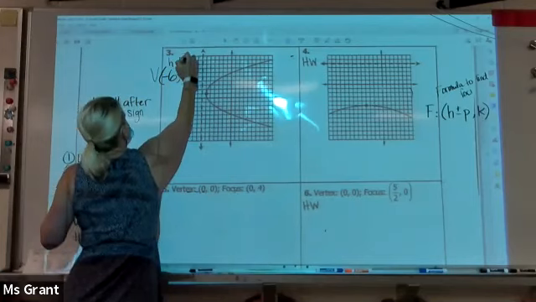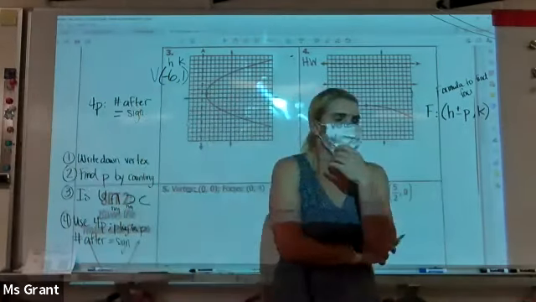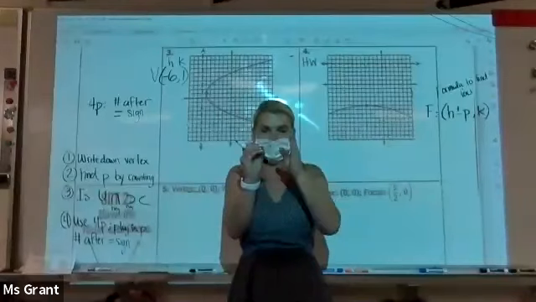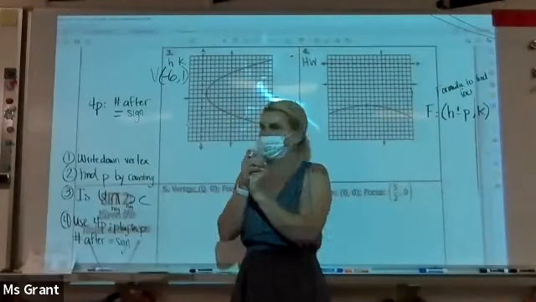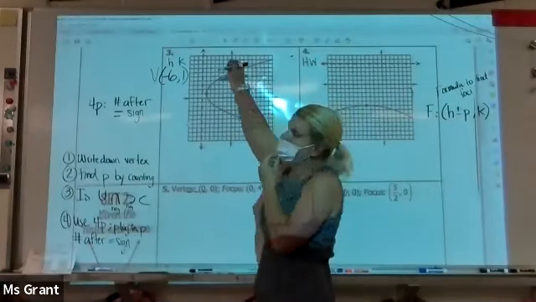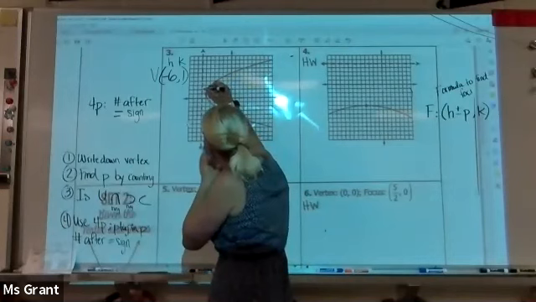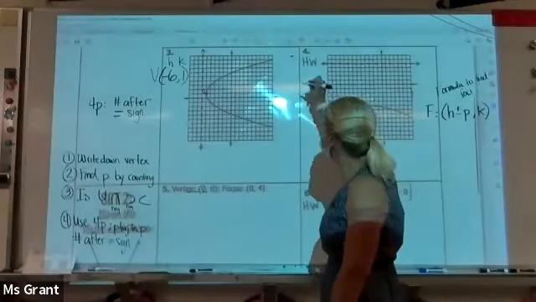That's my H and my K. Now I need to find my P. P means how far away from my vertex is my directrix, or how far away from my vertex is my focus. I'm given the directrix. This is 1 away. P equals 1.